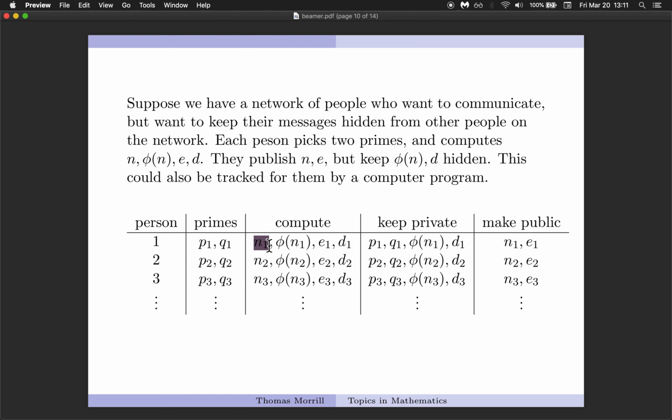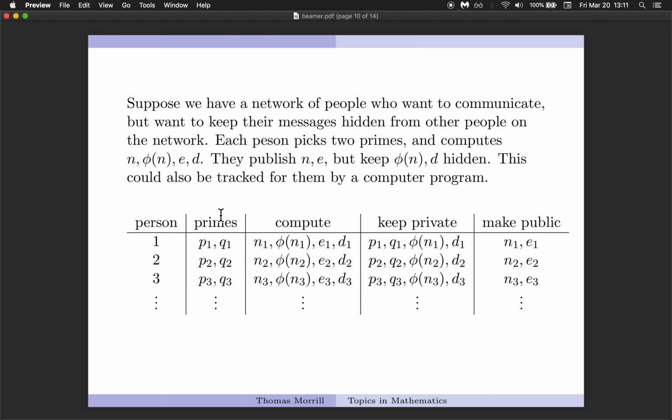N1 is just the product of the two primes. Phi of N1 is just the product of P1 take 1 times Q1 take 1. Pick some encryption key, just some residue modulo phi of N. And then since we do know this phi of N, we can calculate the decryption key.